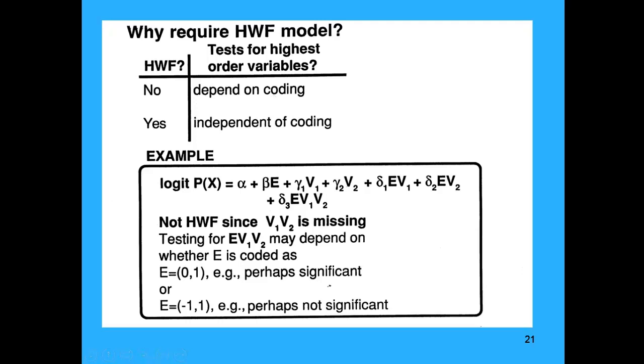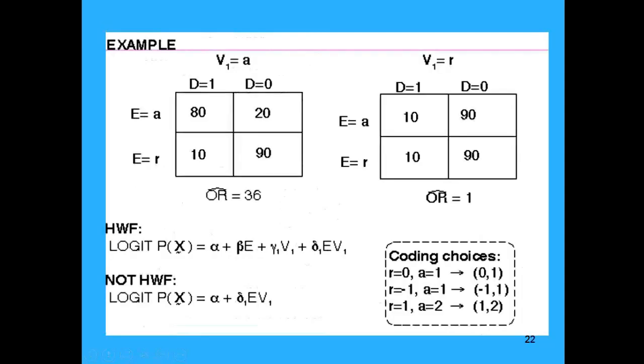Coding means how you're defining the variables E, V1, and V2. So let's illustrate that with an example. Here's a situation. I've got an E variable, a D variable, and a V1 variable.